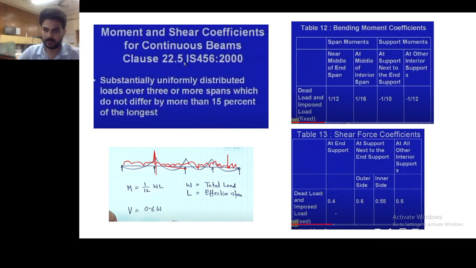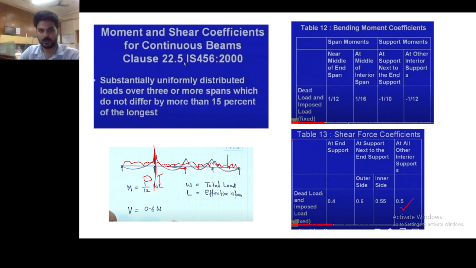And also for the shear, at the end support it is 0.4, and at the support next to the end support, on the outer and inner faces, like considered here, this is considered as outer and this is considered as inner, shear force coefficients of 0.6 and 0.55 are given, and at all other interior supports it is 0.5.